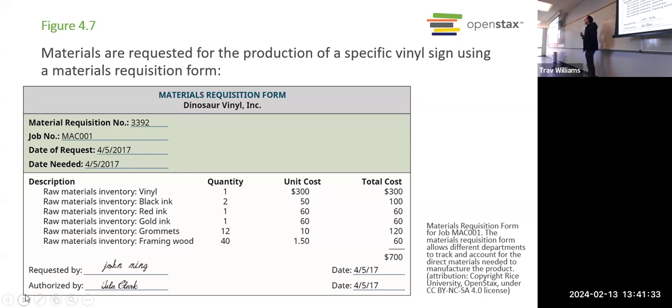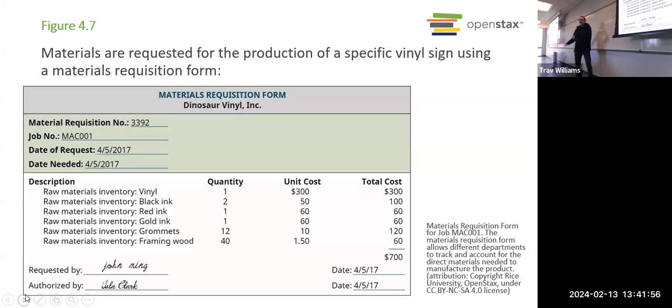Now for accounting, this is important because this is how you track that these material costs came out of raw materials inventory, went into the next phase of inventory, which is called what? Manufacturing. So from raw materials, but there's a phase before finished goods, work in process.